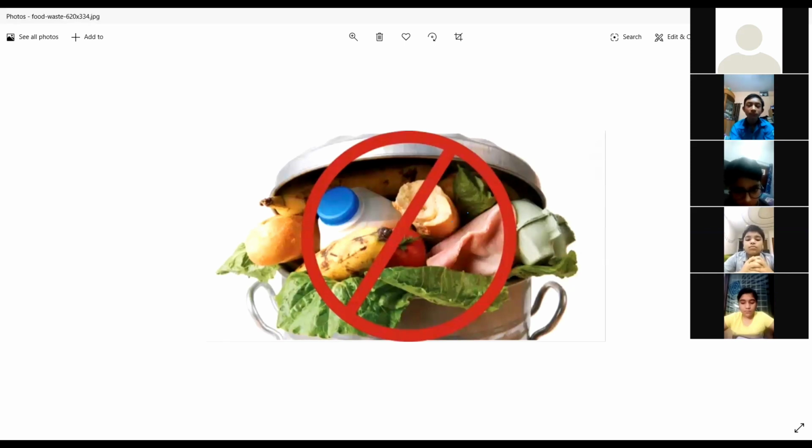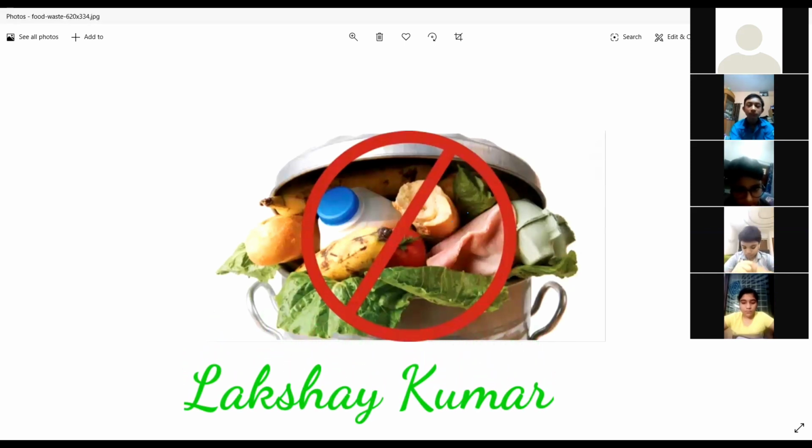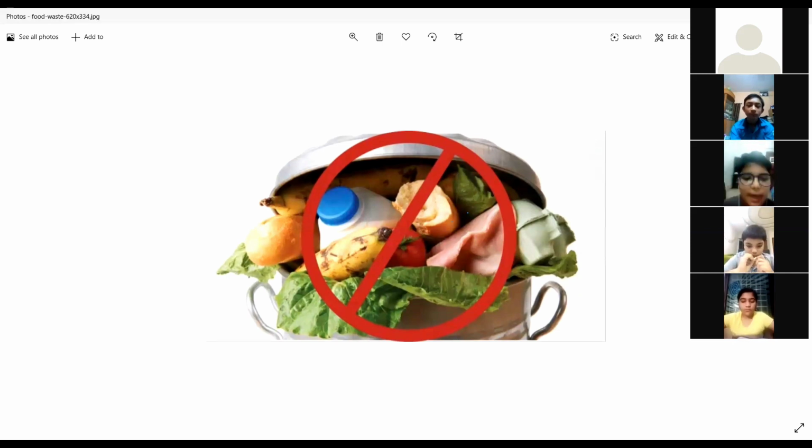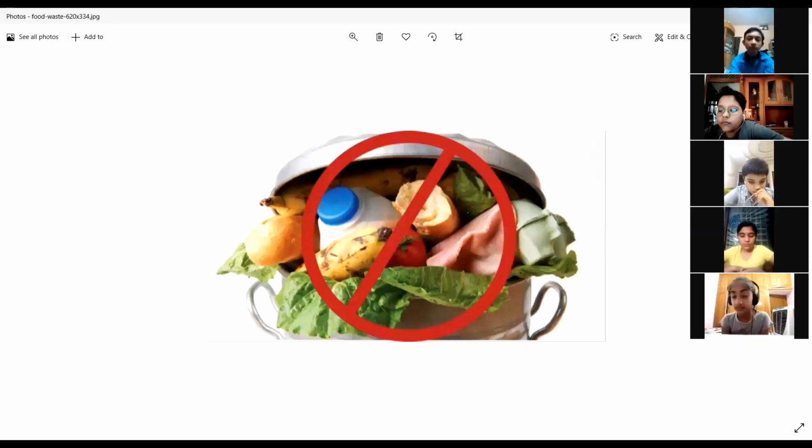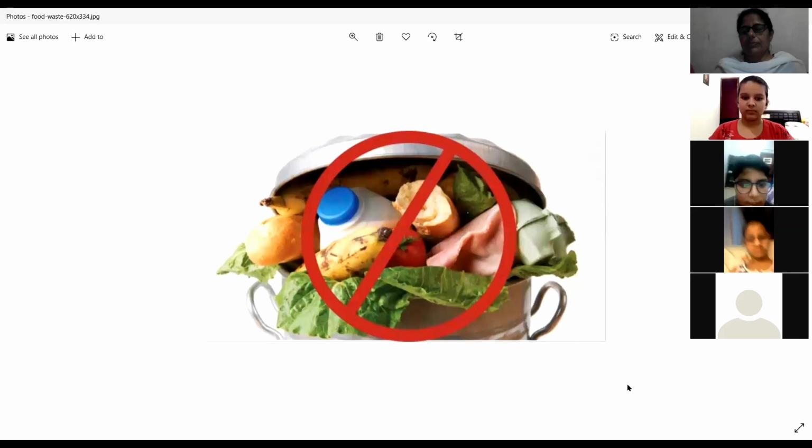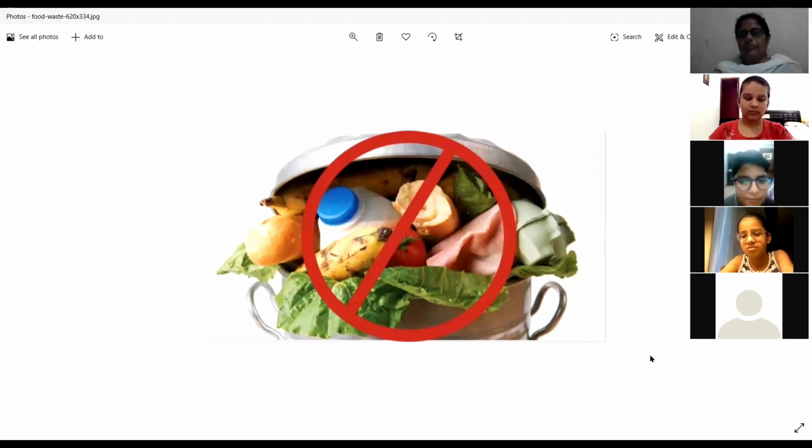Lakshya Kumar, describe this picture. Good evening to one and all. I am Lakshya Kumar of grade 6 and I am going to describe this picture. In this picture, we can see the dustbin is filled with food, and we should not throw food in dustbins because food is our life and it is a substance which is used to maintain life and growth for living organisms.